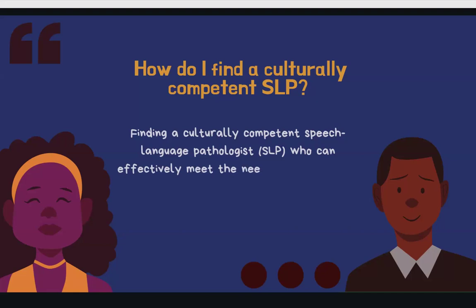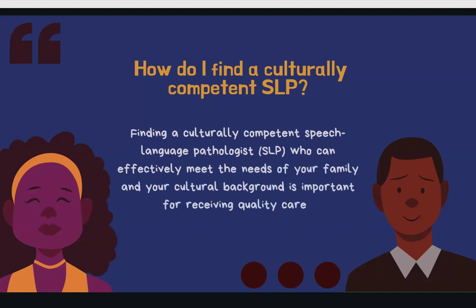So you may ask yourself, as a patient, a caregiver, or even someone who is a healthcare administrator, how do I find a culturally competent speech pathologist? The first step would be to do some research and look for referrals. Start by researching speech pathologists in your area who specialize in working with culturally diverse populations.